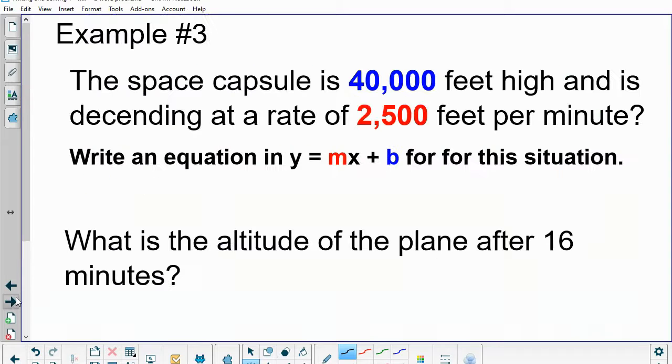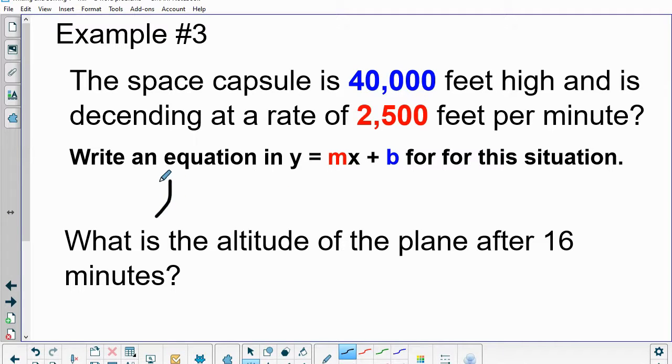Let's try one or two more examples. The space capsule is 40,000 feet high and is descending at a rate of 2,500 feet per minute. Write an equation in y equals mx plus b form for this situation. So let's go ahead and write our equation.